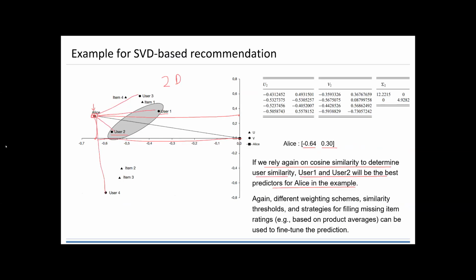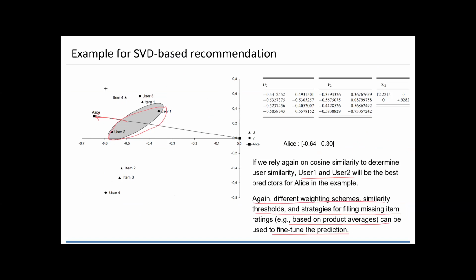So we can say that user 1 and user 2 will be the best users to predict the Alice rating. Again, different weighting schemes, similarity thresholds, and strategies for filling missing items based on the product average can be used to fine-tune the prediction.